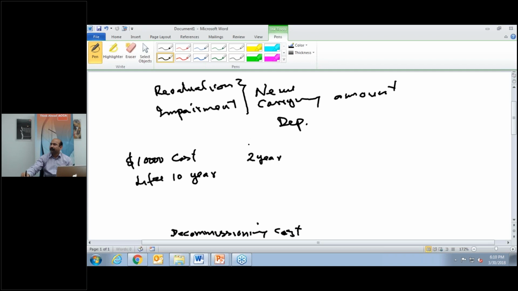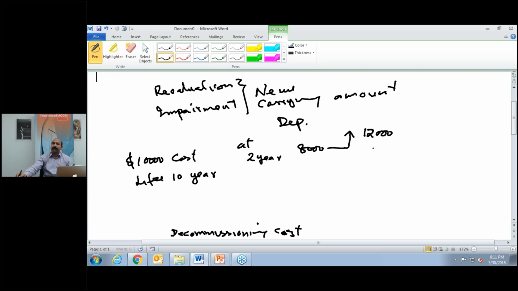At the end of the second year, its carrying value is 8,000, if we are using the straight line method. If it is revalued upward, so that it reaches 12,000.